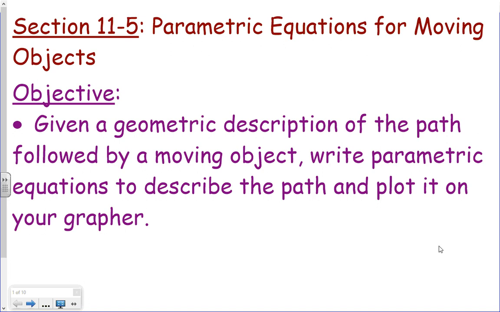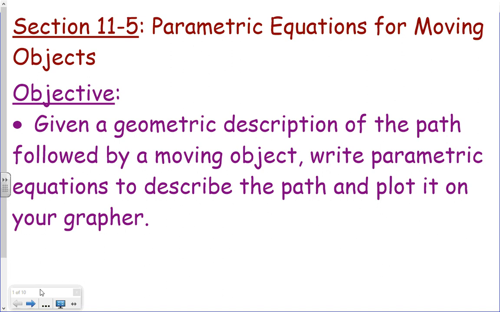X is equal to something in terms of a parameter t, and y is equal to something in terms of a parameter t. The nice thing is, because they're split into an x and a y, I can focus on what's happening horizontally and then what's happening vertically, and write those in their separate parts.